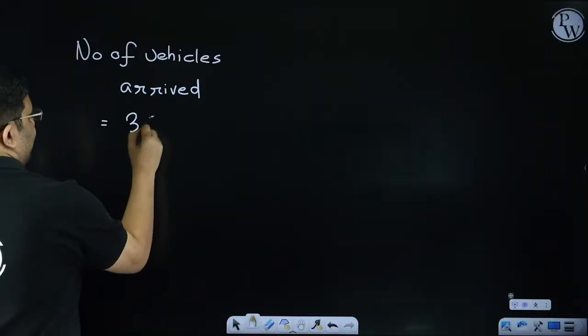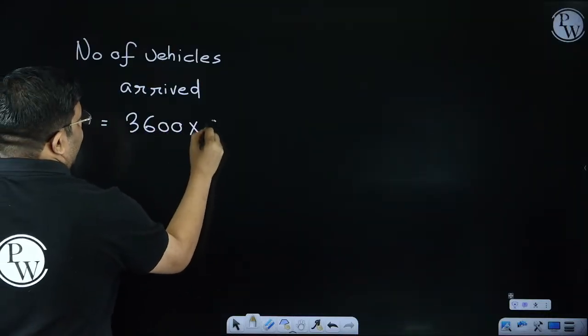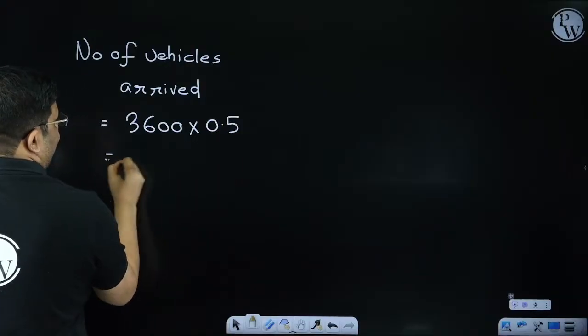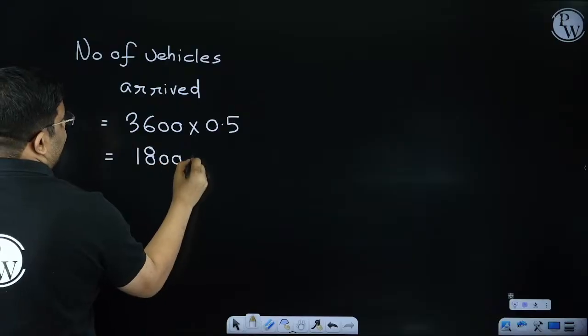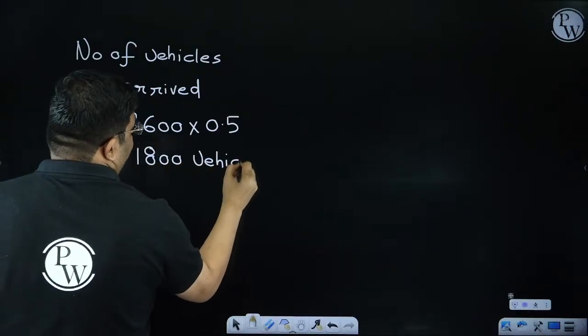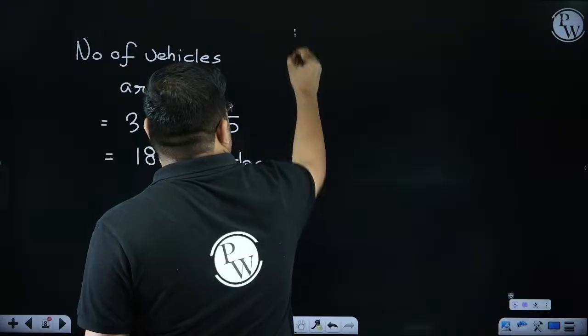It will be equal to 3600 into 0.5, because it is half an hour. This gives me 1800 vehicles arrived.